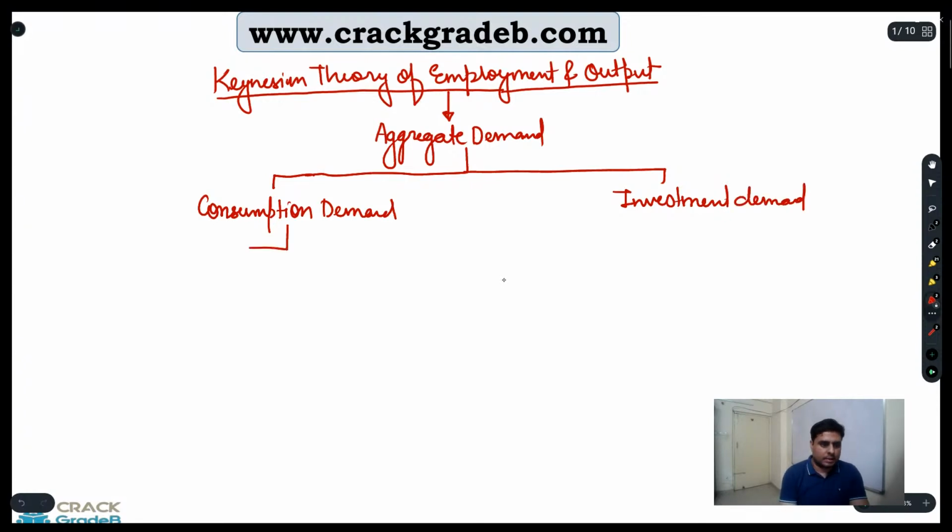Consumption demand is basically comprised of two things. One is income and the other is propensity to consume. Income, how consumption means consumption, what we consume, right?